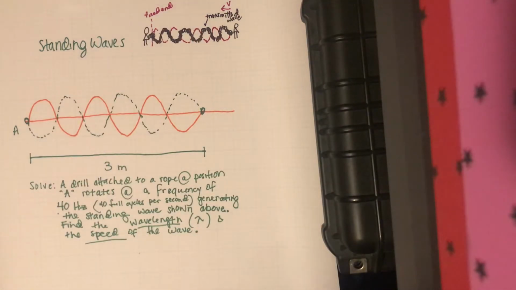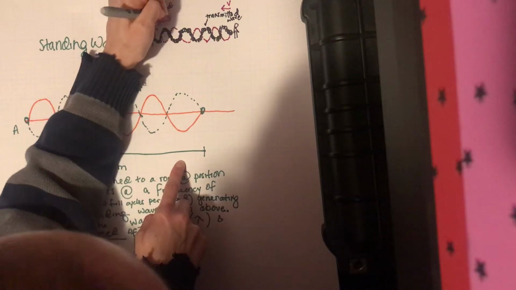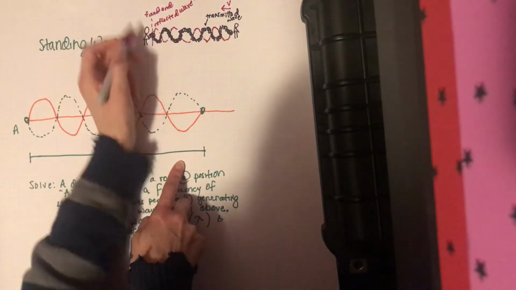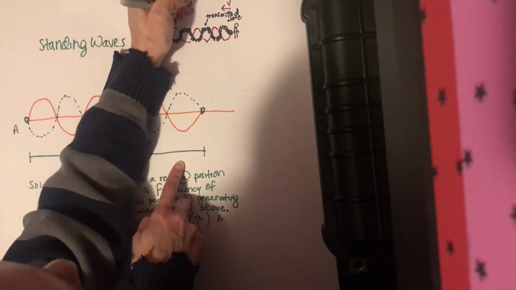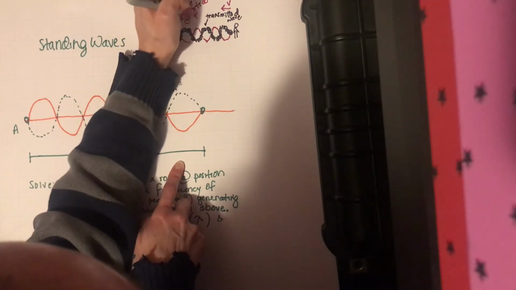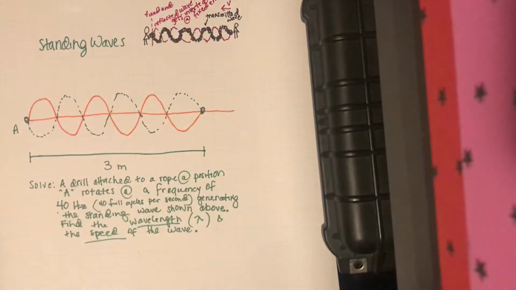So I'm just going to label both. Reflected wave. And you can just make a note to yourself: the reflected wave gets inverted when it reaches a fixed boundary, or at the fixed end.